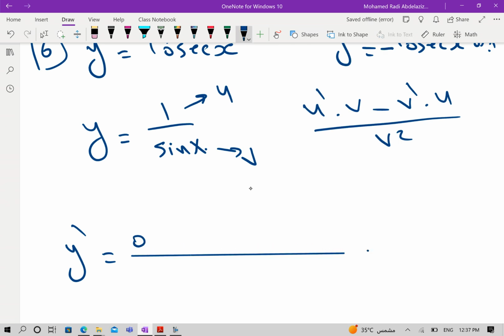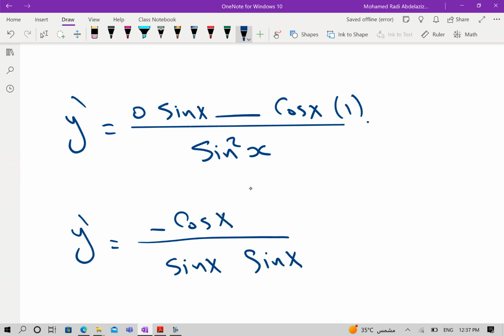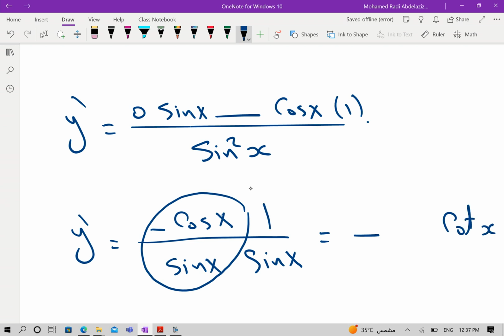Differentiation of first is 0, multiplied by second, minus differentiation of second, differentiation of sine is cosine, multiplied by 1, divided by sine squared x. So y dash is negative cosine x divided by sine into sine. So the answer is negative cosine over sine is cotan x, 1 over sine is cosec x.